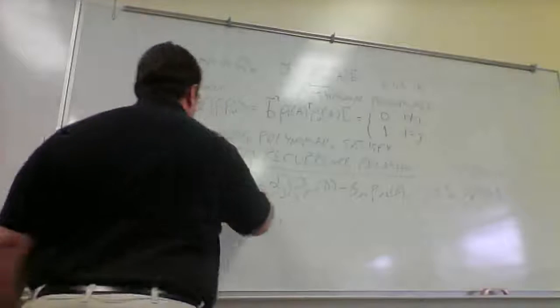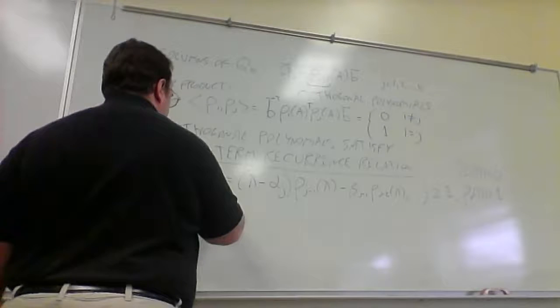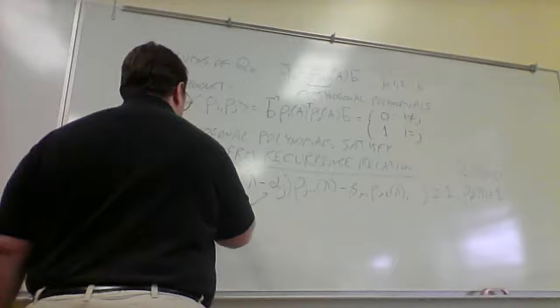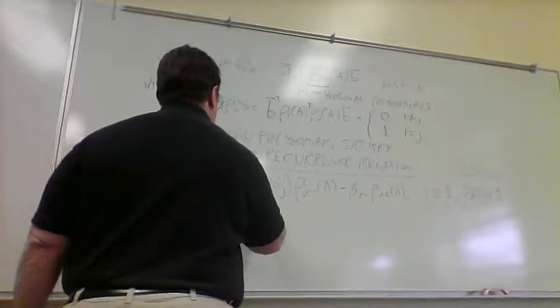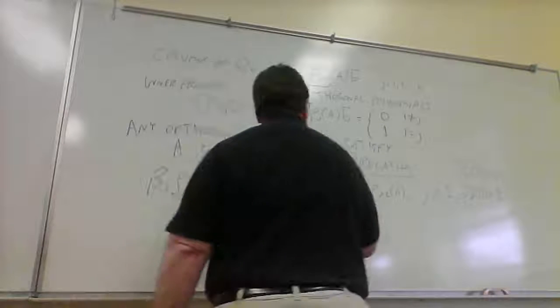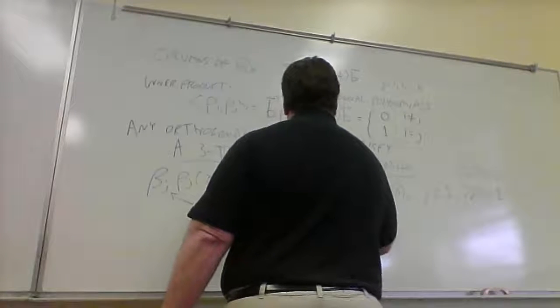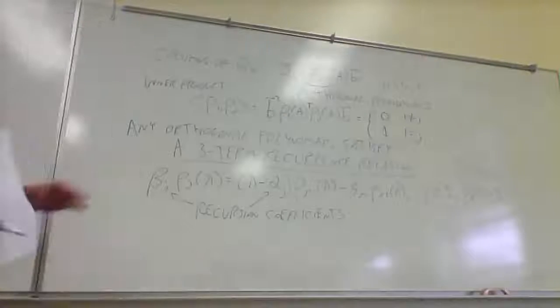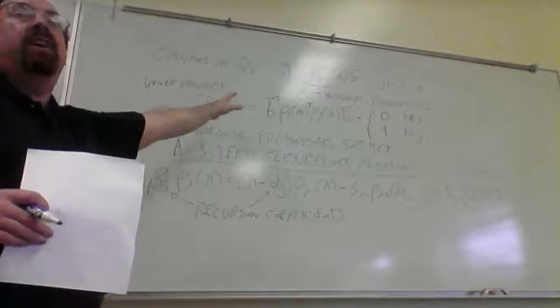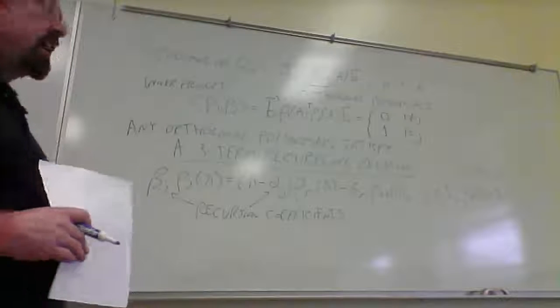Now, these constants that I haven't defined yet, alpha_j and beta_j, are called recursion coefficients. Any different sets of alphas and betas lead to a different sequence of orthogonal polynomials. They're chosen so as to make sure these polynomials actually are orthogonal in the sense that you define orthogonality.